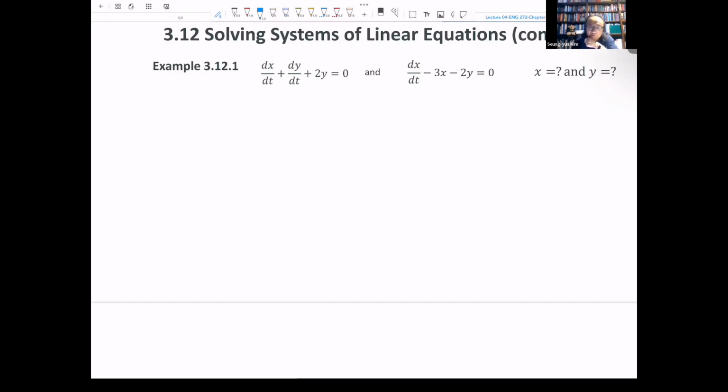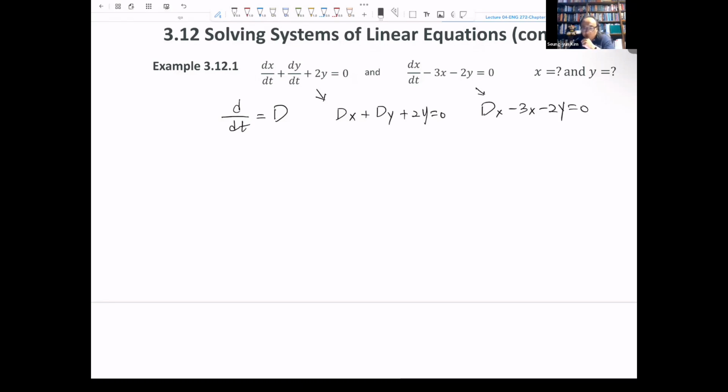So what we're going to do is say d over dt equals D. Anywhere you see d over dt, we're going to put in D. Then the first equation is going to be Dx plus Dy plus 2y equals 0. And the second equation, we have Dx minus 3x minus 3y equals 0.